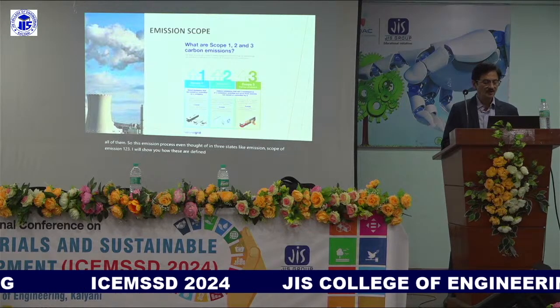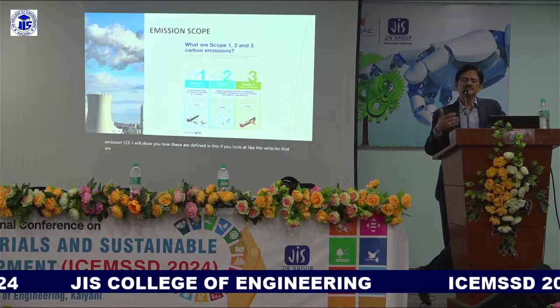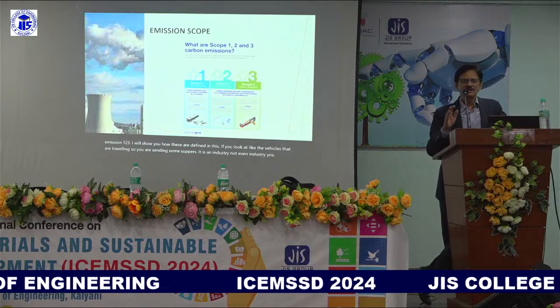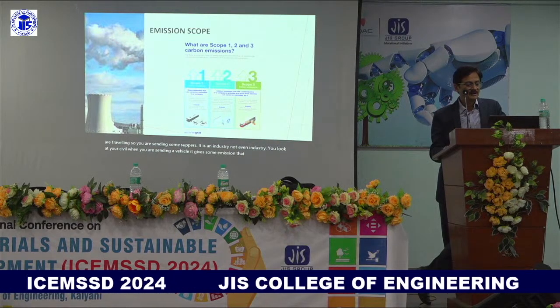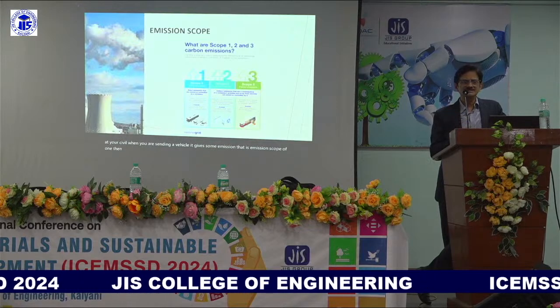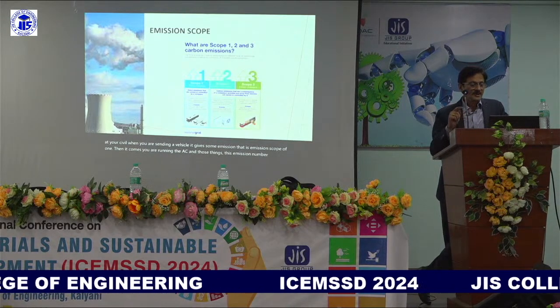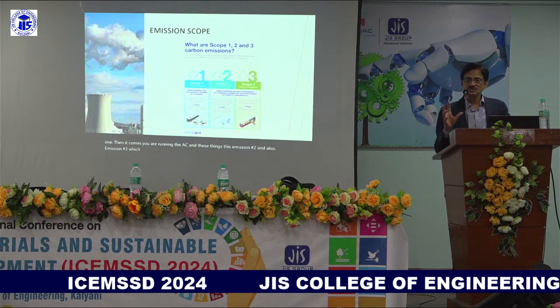If you look at the vehicles that are traveling, you are sending some service into the industry. Not even industry, look at yours even. When you are sending a vehicle, it gives some emission, that is scope 1. Then you are running the AC and those things, that's scope 2. And also scope 3, which brings all these together.